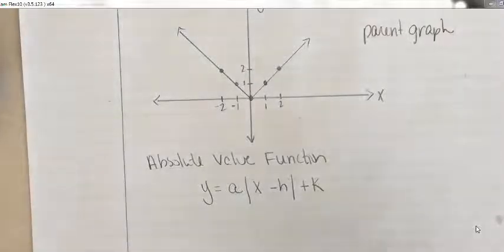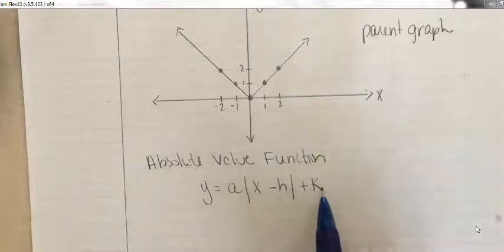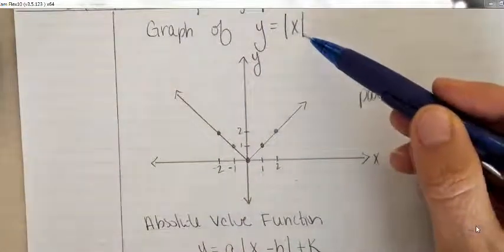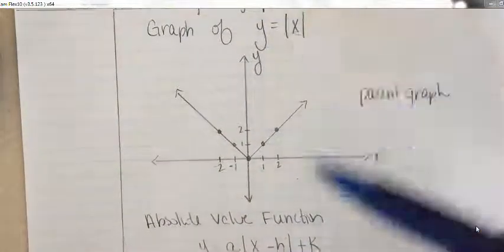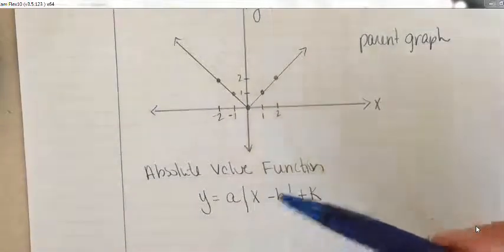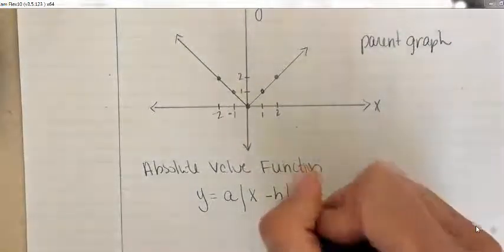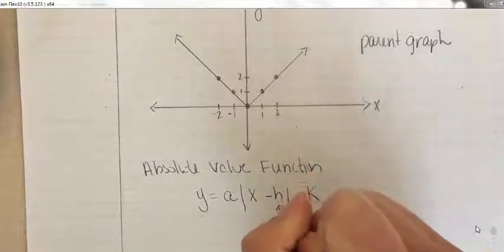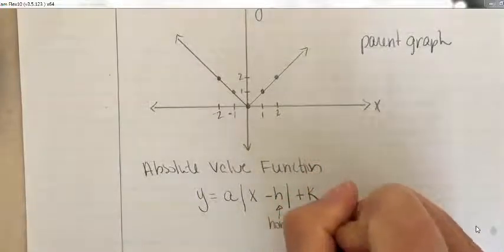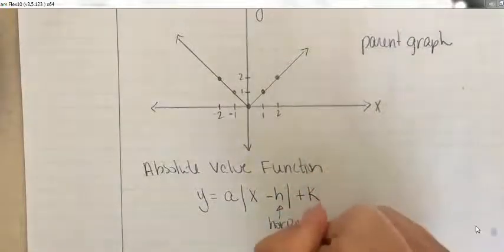Okay, so notice you have an A, an H, and a K. So that's what we've added to this parent function. Now we're going to talk about what each one of these things do. So first of all, your H is your horizontal shift, or your horizontal translation.